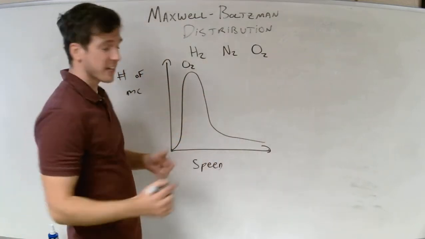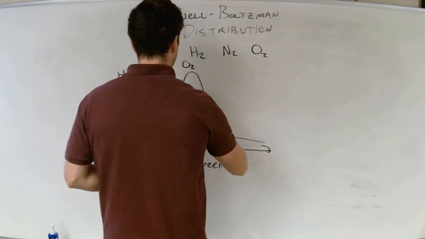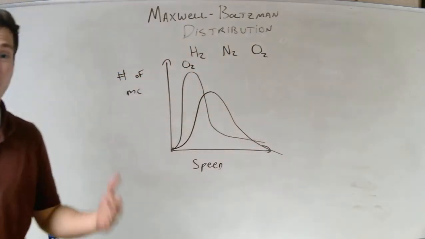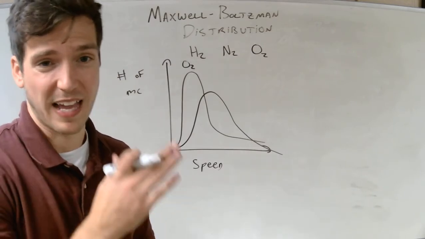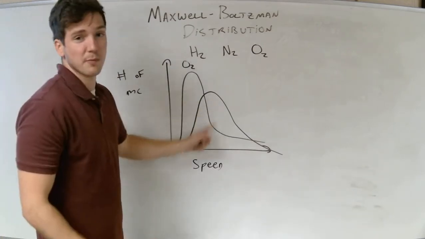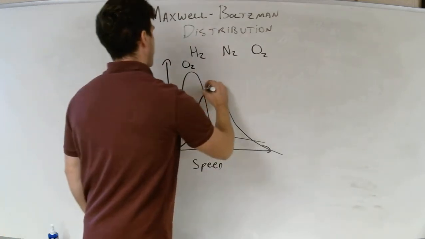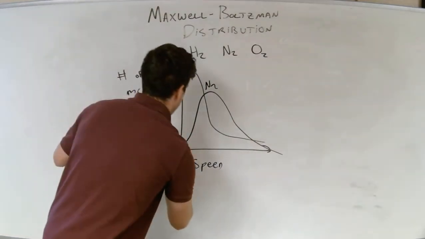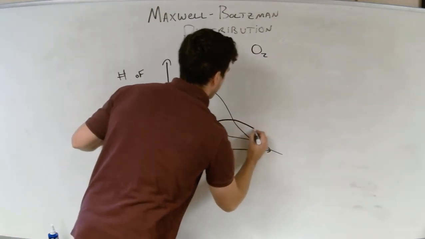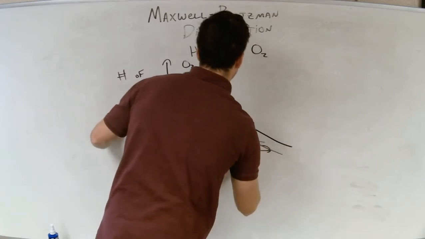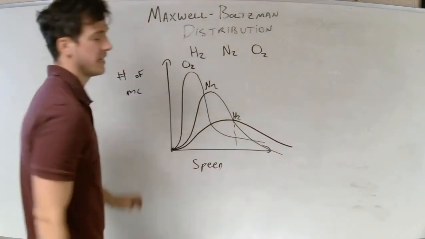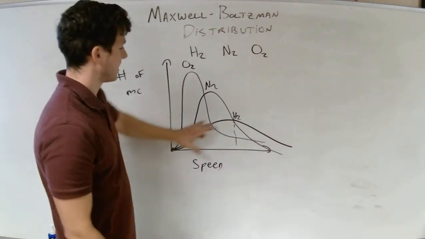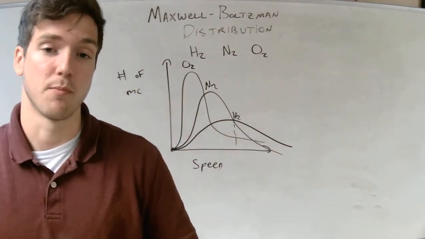Nitrogen, our next one, might look something like this. It's a little flatter, but the average speed has moved a little to the right. So this would be our N2. And then something like H2 is going to look something like that. Our average speed is a lot higher. There's not as much of a peak in one spot, but the average speed has shifted more to the right.